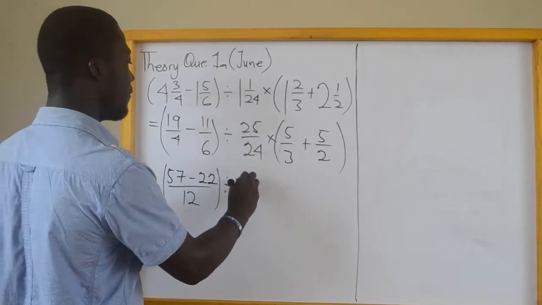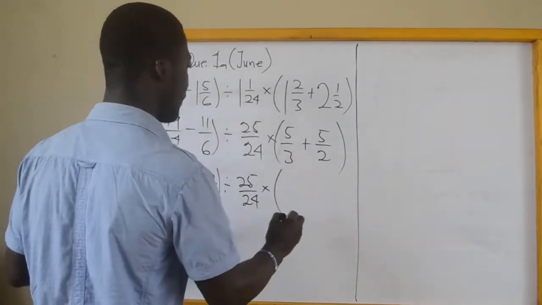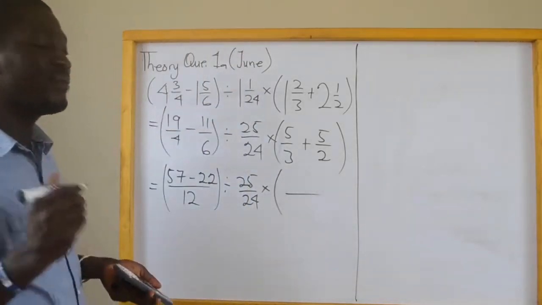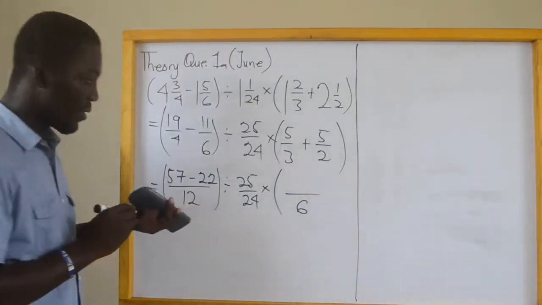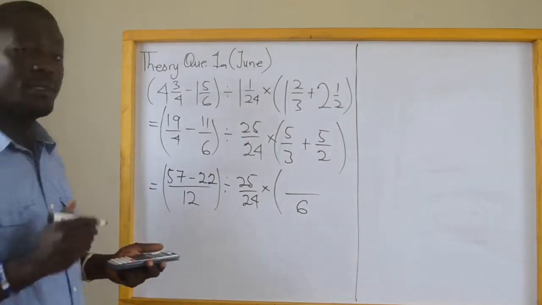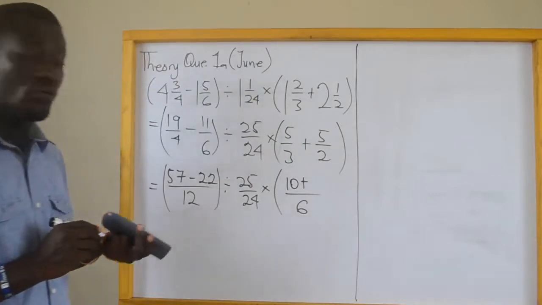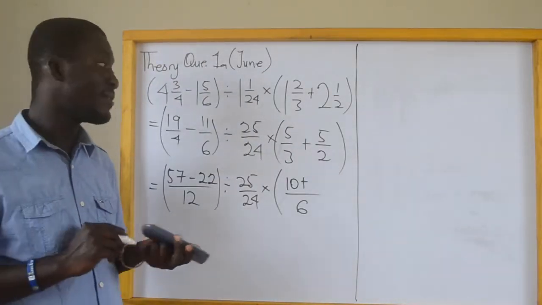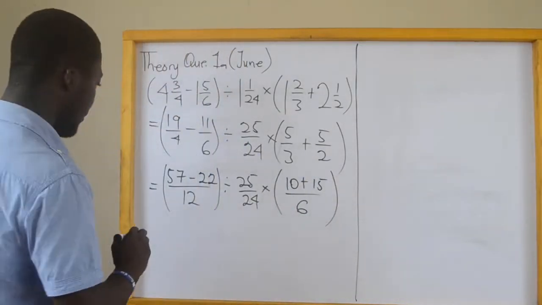Divided by 25 over 24 times. The least common denominator between 3 and 2 is 6. 3 goes into 6, 2 times. 2 times 5 is 10. Plus 2 goes into 6, 3 times. 3 times 5 is 15.